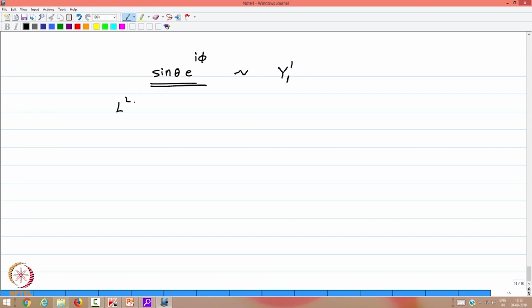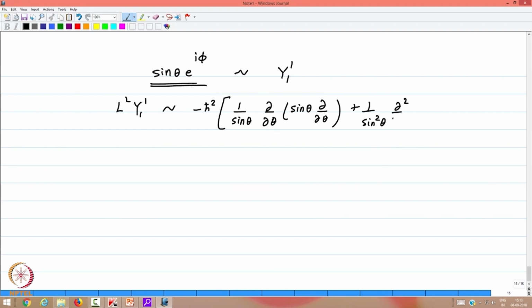So, if it is L square on y1 1, this is the same as minus h bar square, 1 by sin theta dou by dou theta of sin theta dou by dou theta plus 1 by sin square theta dou square by dou phi square on this function sin theta e raised to I phi. So, the first term does not contain the e raised to I phi, therefore, that is unaffected, and the rest of it will give you minus h bar square 1 by sin theta dou by dou theta. Sin theta of this will give you cos theta.